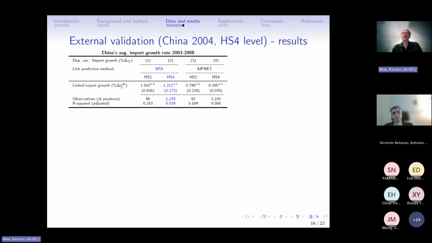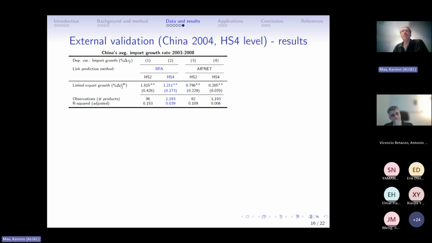That's why naturally they would show up in the trade data, although they're not, strictly speaking, inputs. So it seems that our method captures also something slightly different from what IPNet does. But when it comes to analyzing trade flows and the interdependence between imported inputs and exported outputs, we see a slightly stronger and better fit in our case.